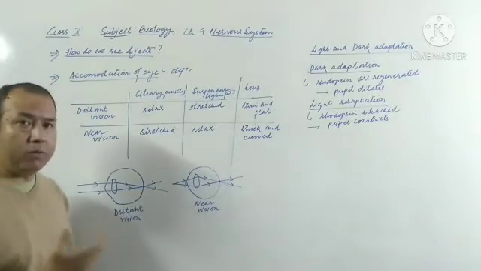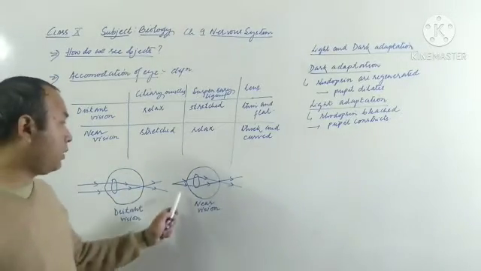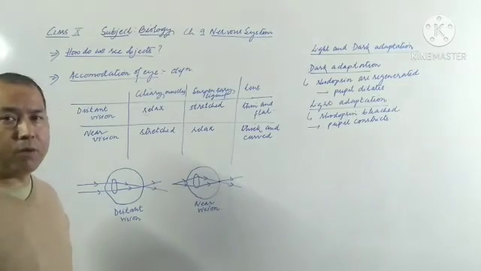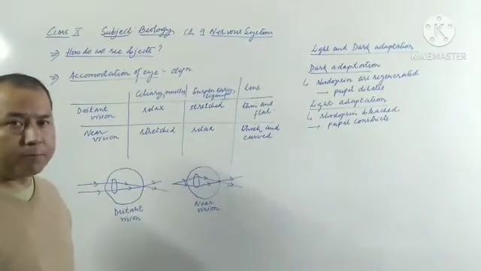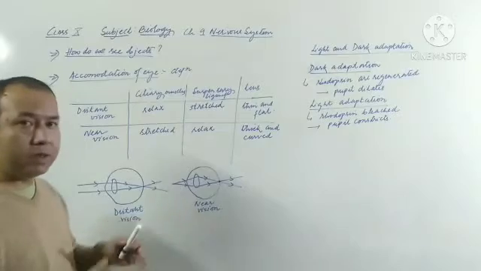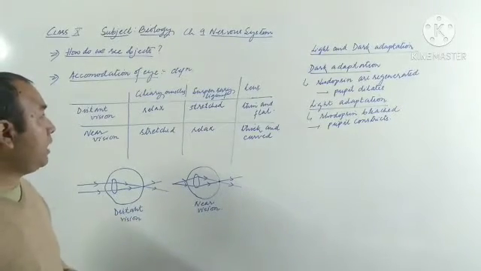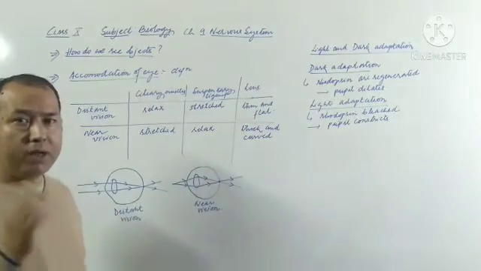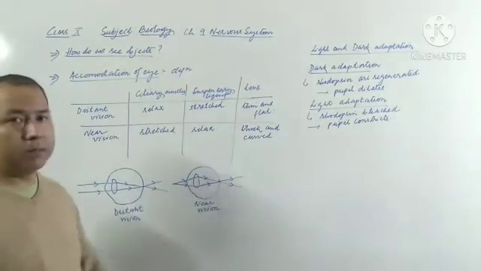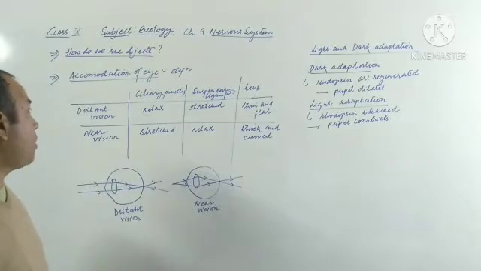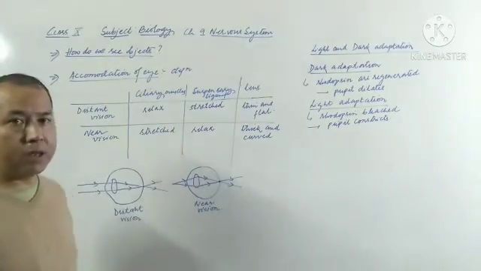When we view a nearby object, a divergent beam of rays usually comes, and it has to be converged to a greater extent. So the lens is required to be thick and more curved. This is again brought about by the ciliary muscles and suspensory ligament.